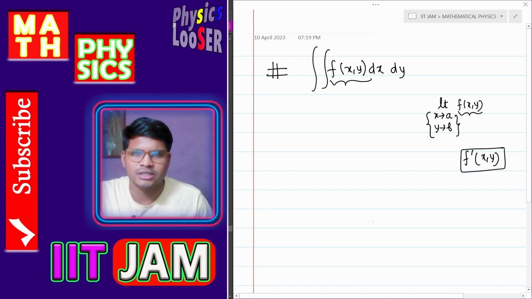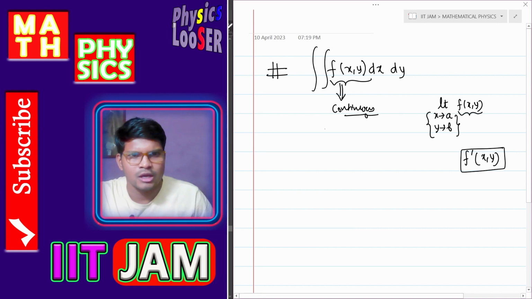So the first condition to evaluate this particular integral is the assumption that it must be continuous in a particular domain. When we talk about a particular domain, it means that we are going to take the limits, because these are definite integrals.